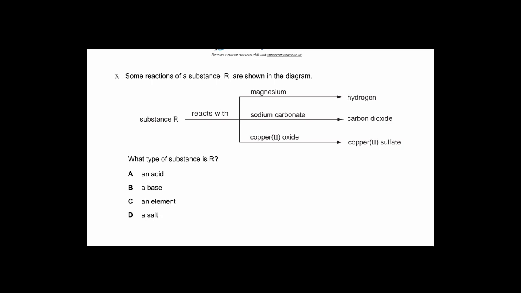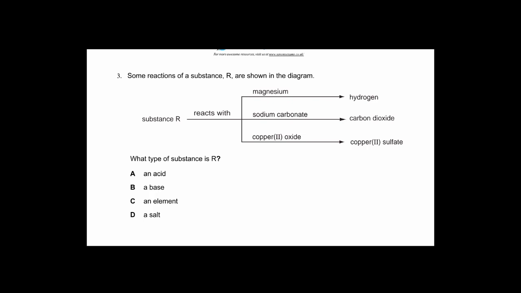Some reactions of a substance R are shown in the diagram. Substance R reacts with magnesium to form hydrogen gas. Now, looking at magnesium and substance R, we can guess that this substance is likely to be acidic because metals react with acids to form hydrogen gas as one of the products.